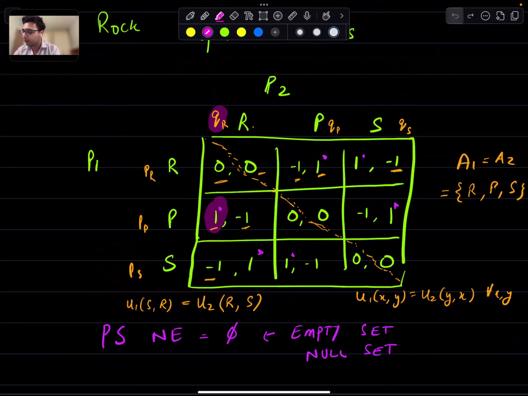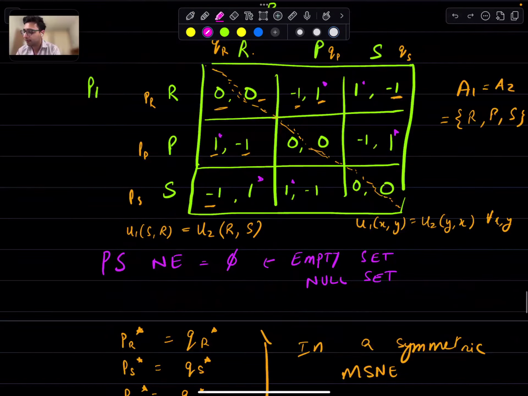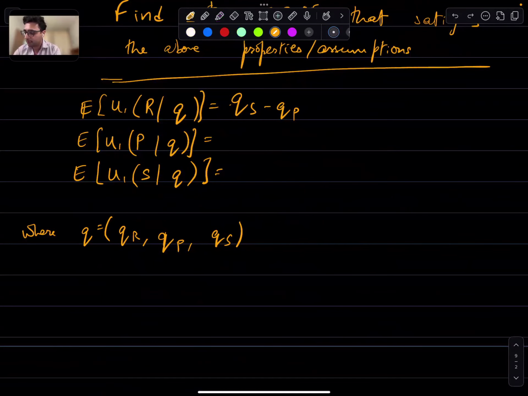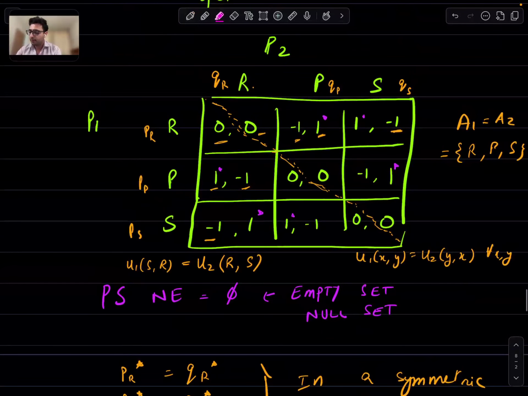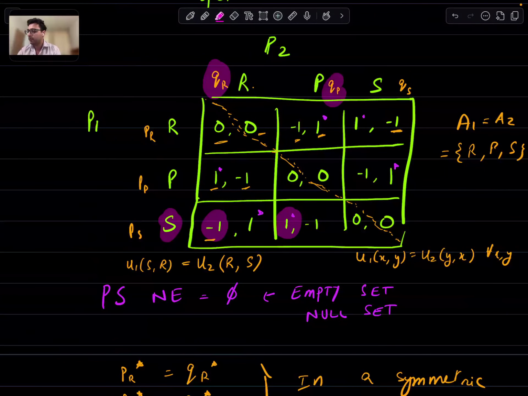So that is QR minus QS. And then from choosing scissors, player 1 gets -1 with probability QR, 1 with probability QP, 0 with probability QS. So that is QP minus QR.